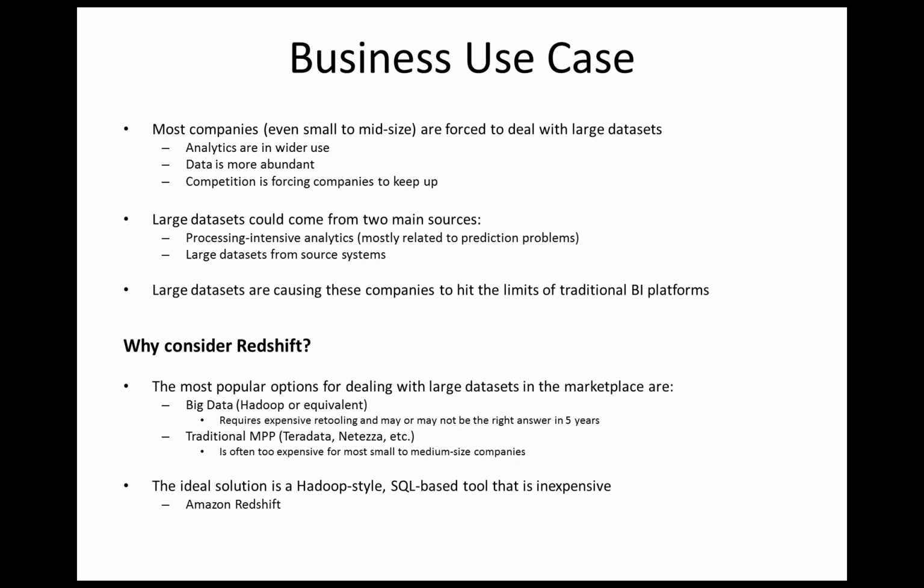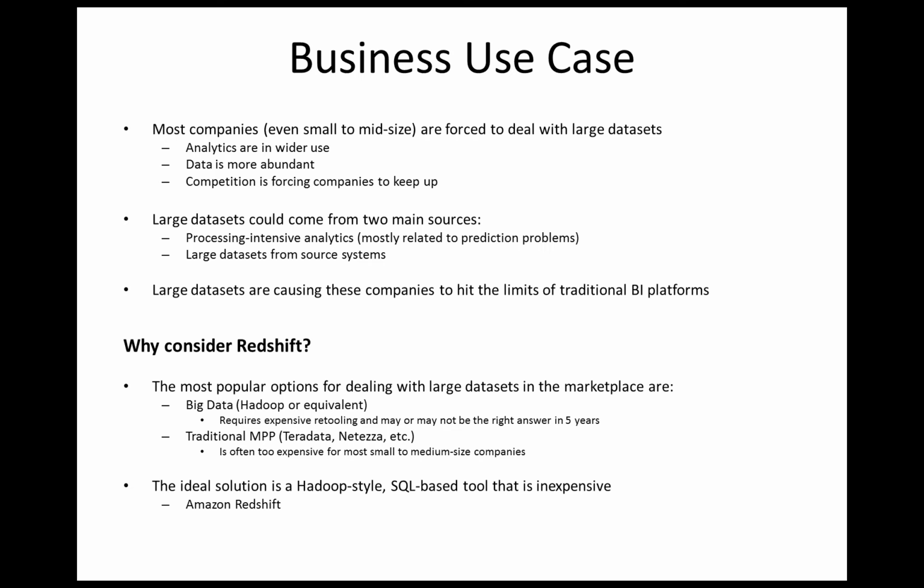And the second option, not as popular but more traditional, is parallel processing tools such as Teradata and Netezza. The problem with Hadoop is that it requires expensive retooling, and it may or may not be the right answer in 5 years.